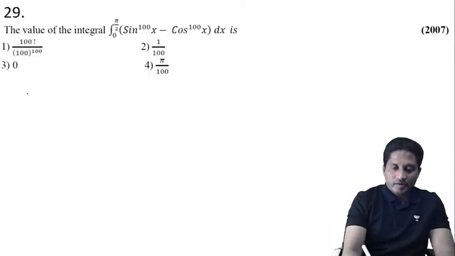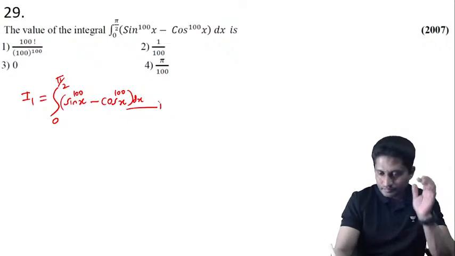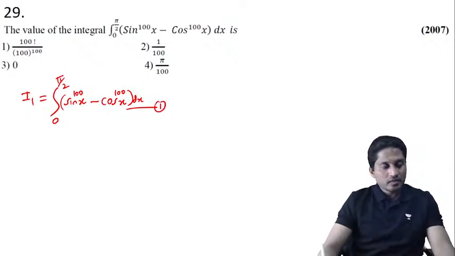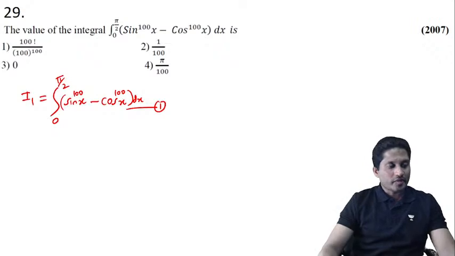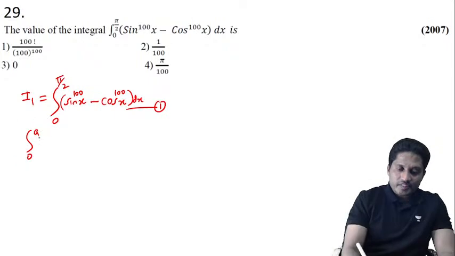Now I'm going to take I1 is equal to integration of 0 to pi by 2 of sin x to the power of 100 minus cos x to the power of 100 and then dx. You call this equation 1. I'm going to use the property integral 0 to a f of x dx is equal to integral 0 to a f of a minus x dx.